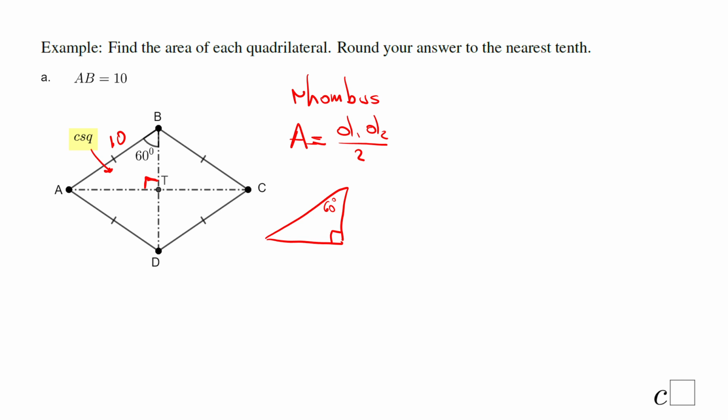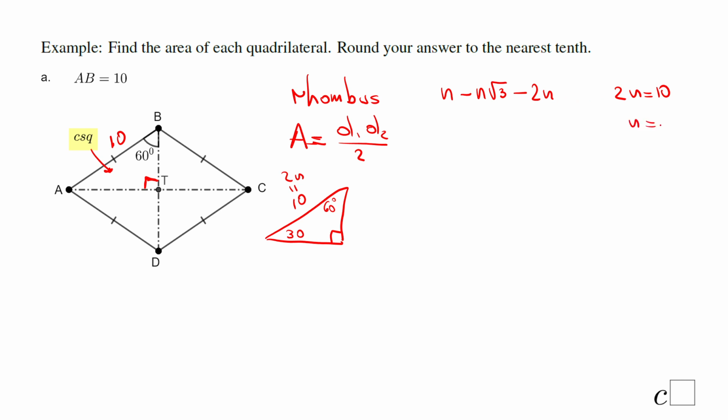That's a property that you want to remember. 30 degrees, and this is 10. So very similar with the other problem, right? This is the 2n, right? So in that form, n, n square root of 3 and 2n, we know 2n is 10.